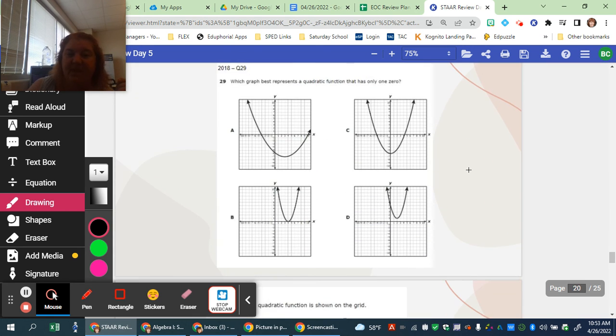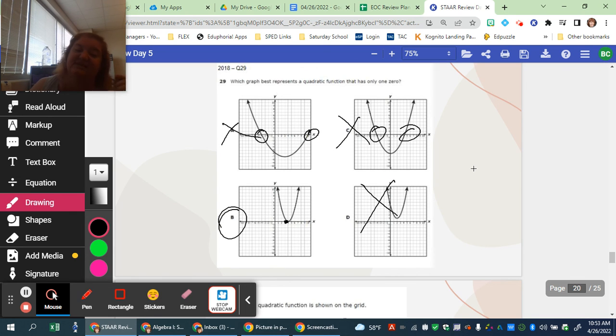Let's try this one. The graph represents a quadratic function that has 1 zero. Well, zeros are when it crosses the x-axis. So that's 1, 2. Not that. That's 1, 2. Not that. There's 1. There's none. Not that.